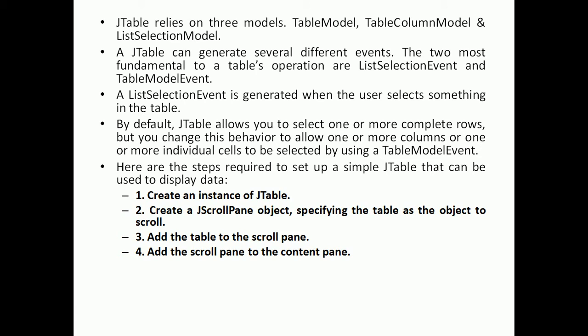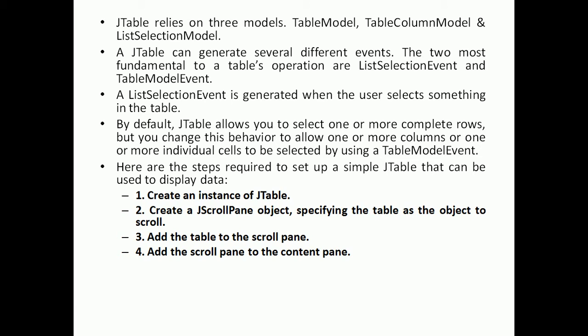A list selection event is generated when the user selects something in the table. By default, the JTable allows you to select one or more complete rows, but you can change this behavior to allow one or more columns or one or more individual cells to be selected by using a table model event.